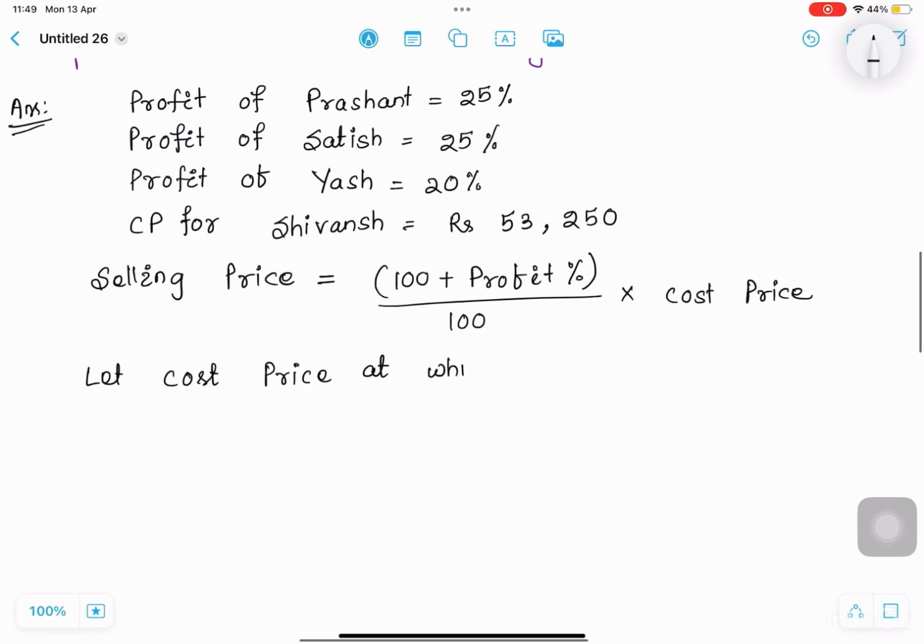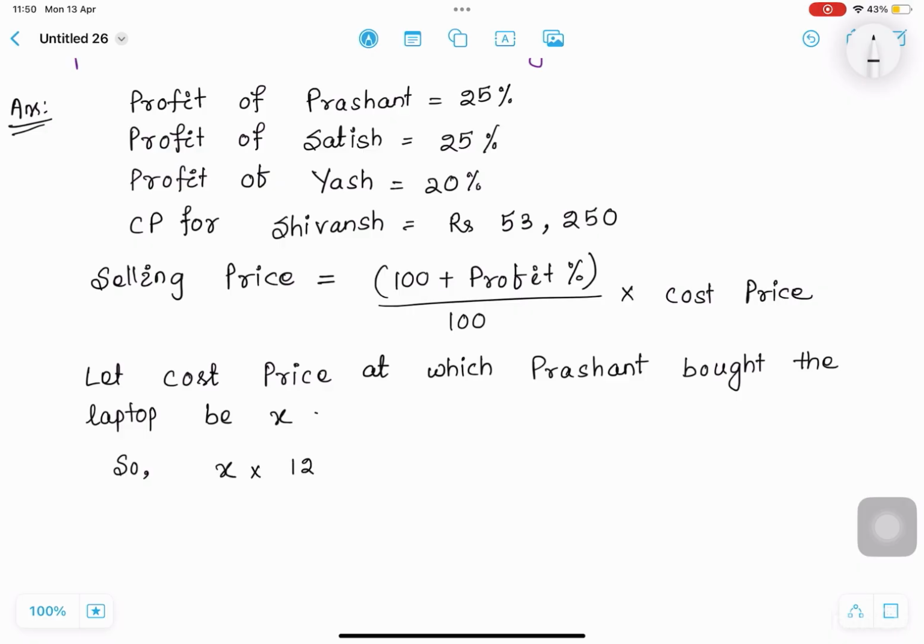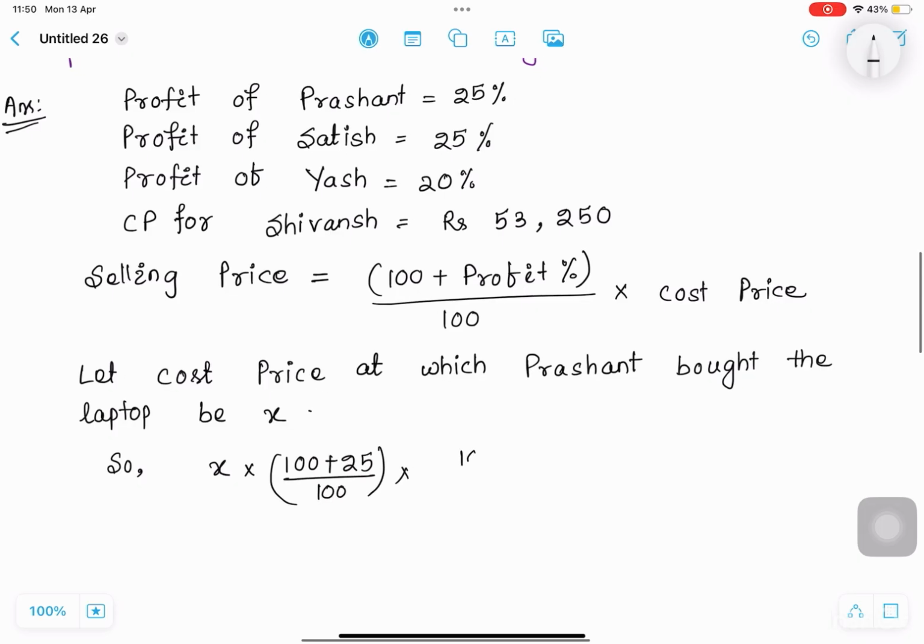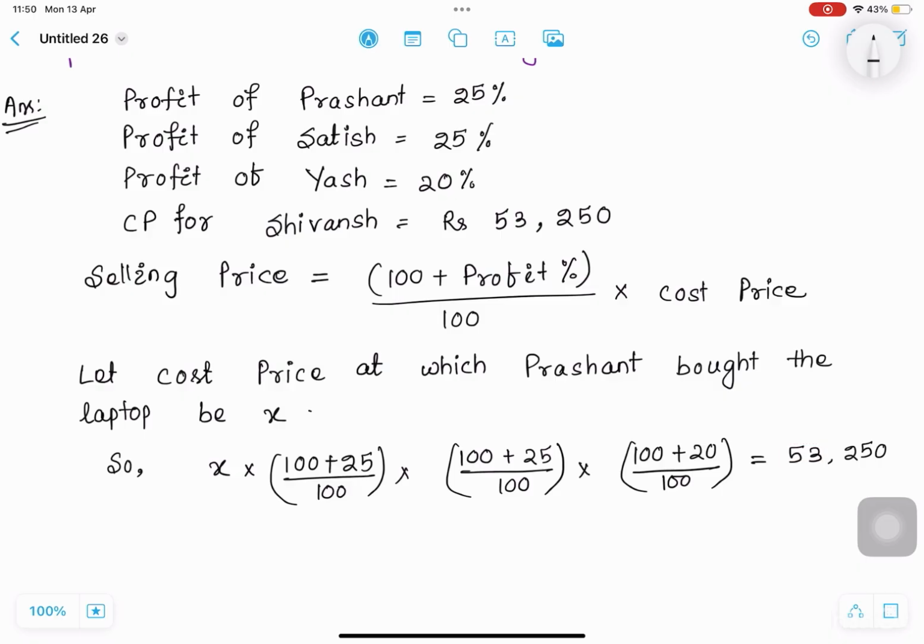Let the cost price at which Prasant bought the laptop be X. So we can write X into, first profit is (100 plus 25) by 100, that is the profit of Prasant, then the profit of Satish, that is (100 plus 25) by 100, again the profit of Yas is (100 plus 20) by 100, that is the final cost price for Sibans, that is 53,250.